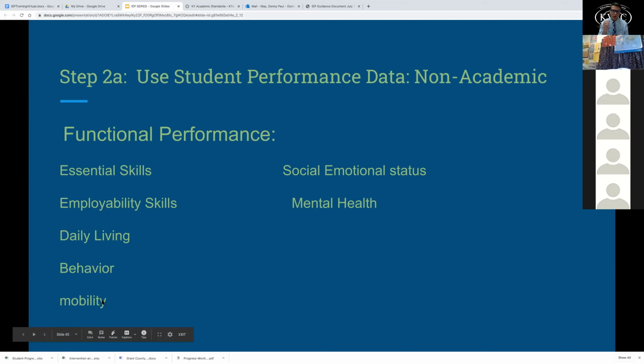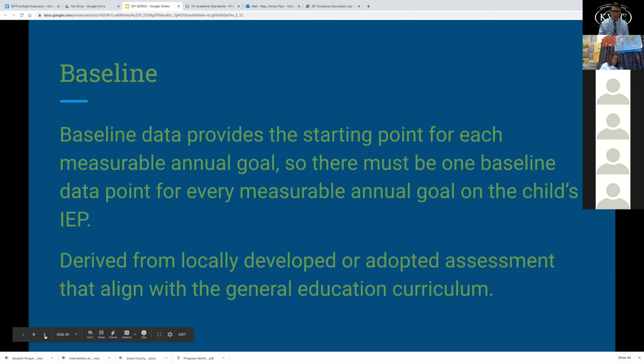Sometimes students that are vision impaired have mobility issues. Some folks that are orthopedically impaired have mobility issues. So that part of the IEP, that's the functional part of it. What is their social and emotional status telling us? What is their mental health situation? And how do we address those issues? That all goes in the student performance data, non-academic, as far as present levels are concerned.